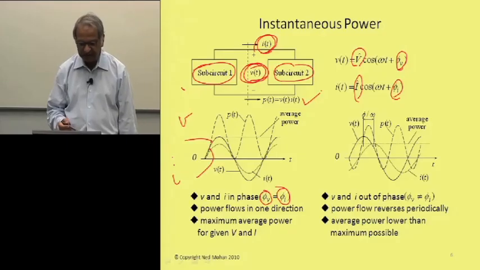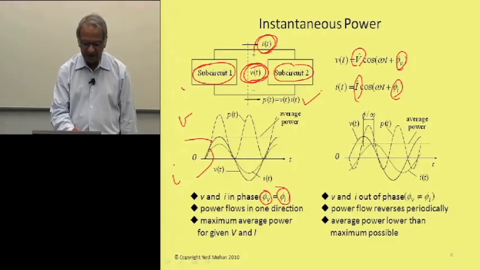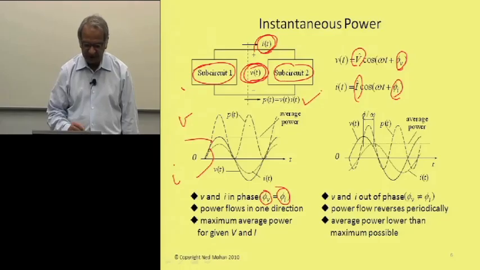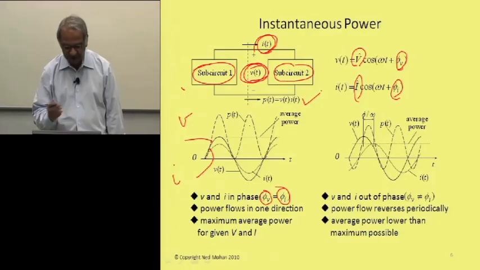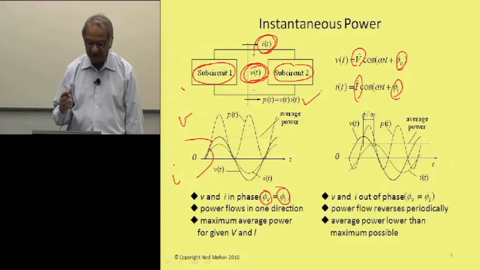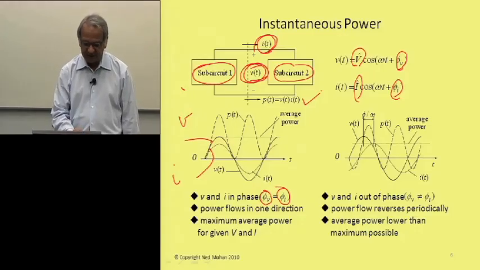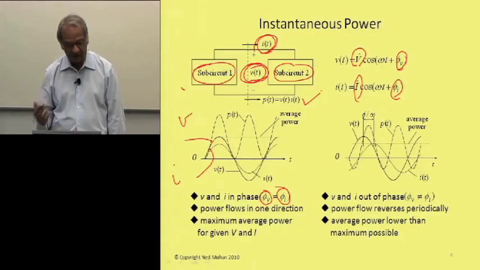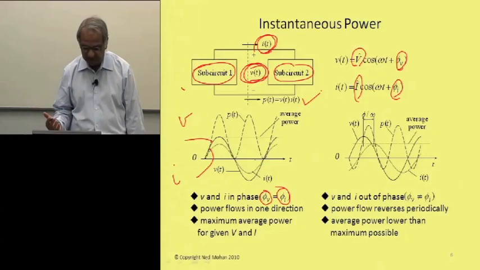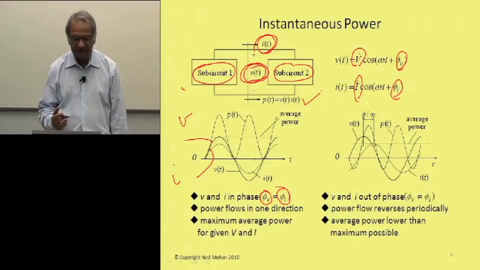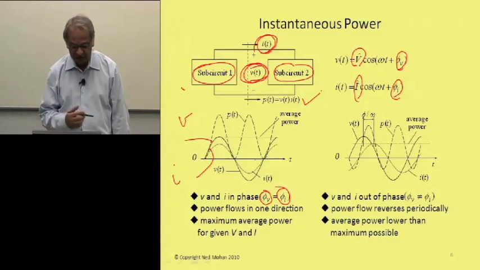When you multiply these two together, you have the power, shown with this dashed curve, and you can see that it's varying at twice the frequency. The voltage and current have the same frequency, but this power is pulsating with twice the frequency.